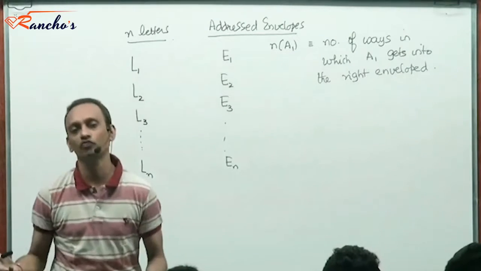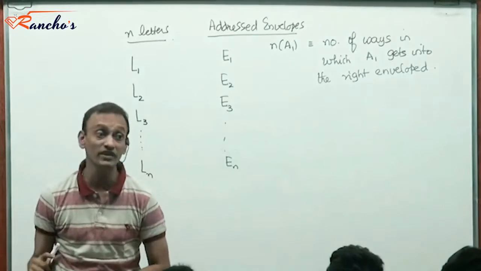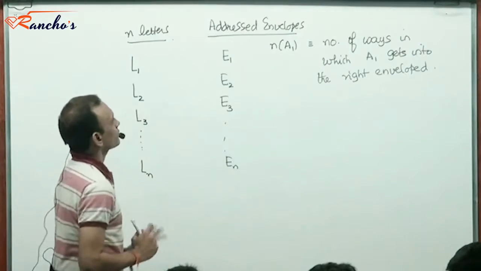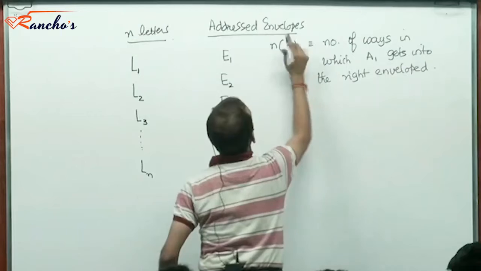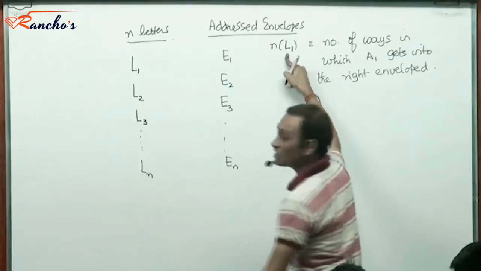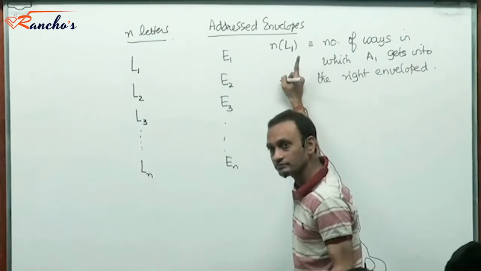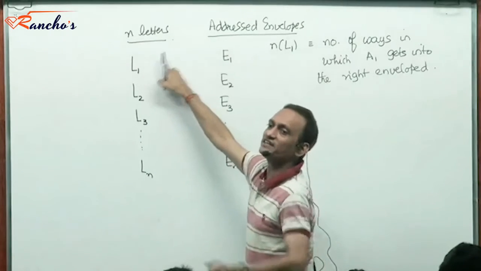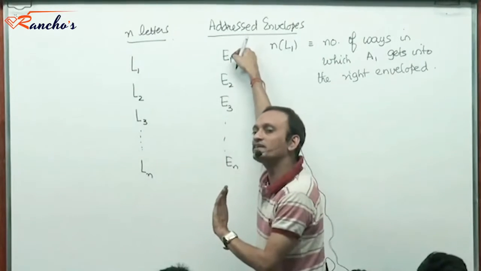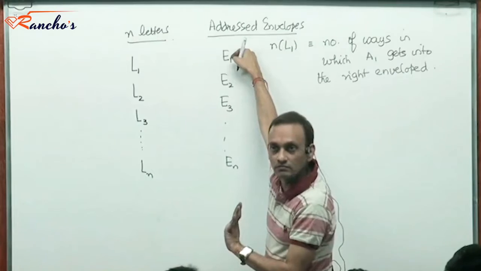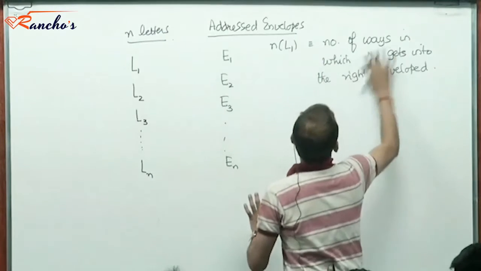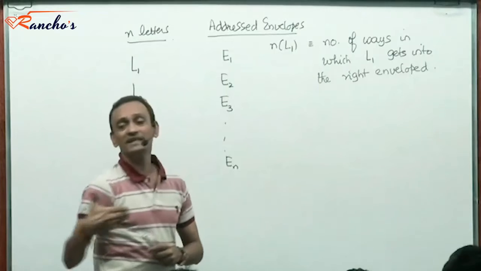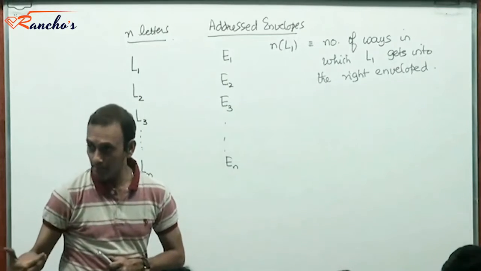Others may or may not have gotten into the right envelope, right? Or rather L1, say L1, number of ways in which L1 gets into the right envelope. L1 is the letter, and number of ways in which L1 always stays seated with E1. Let me designate that as NL1, right?